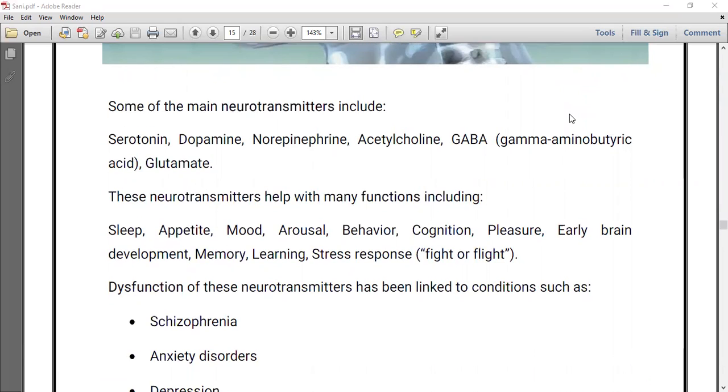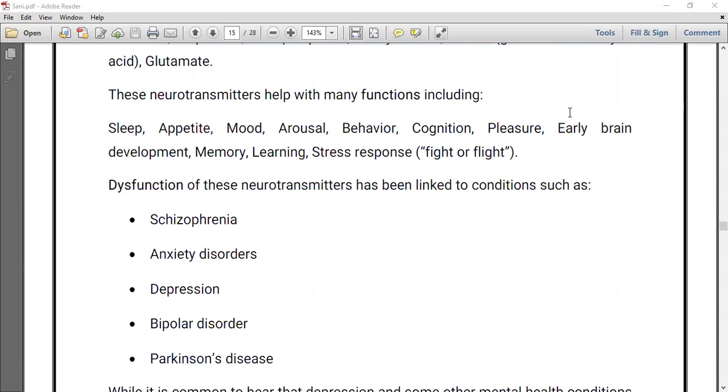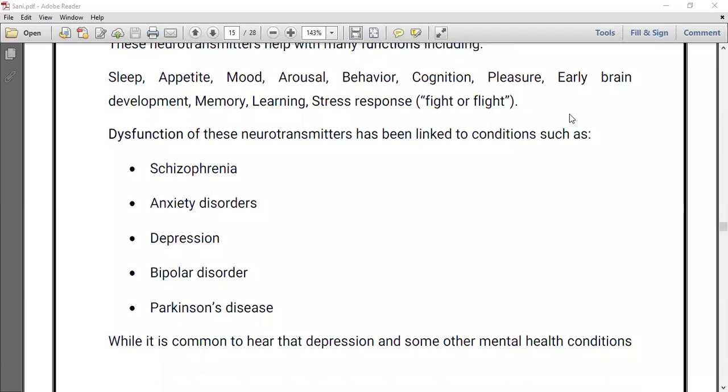These neurotransmitter functions include sleep, appetite, mood, arousal, behavior, cognition, pleasure, early brain development, memory, learning, stress response, and fight or flight. Dysfunction of these neurotransmitters has been linked to conditions such as schizophrenia, anxiety disorder, depression, bipolar disorder, and Parkinson's disease.